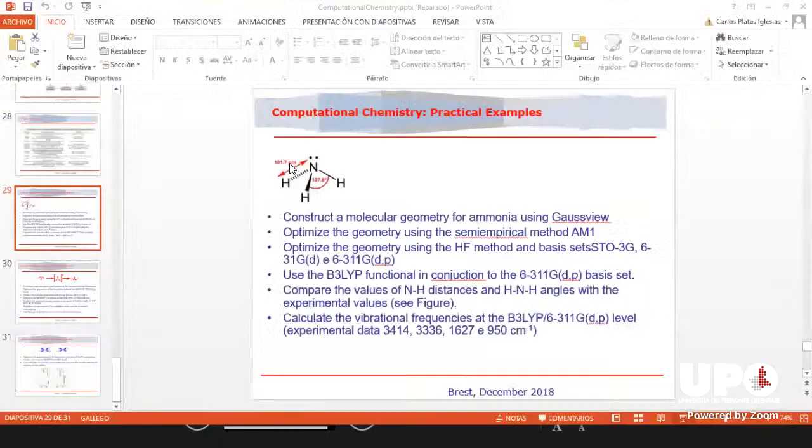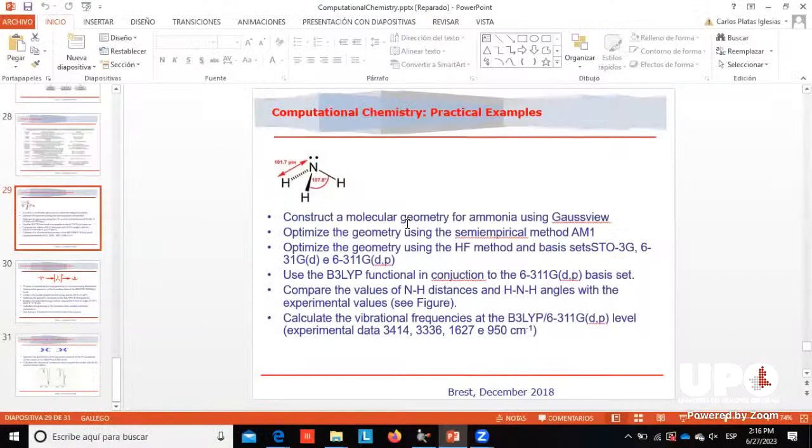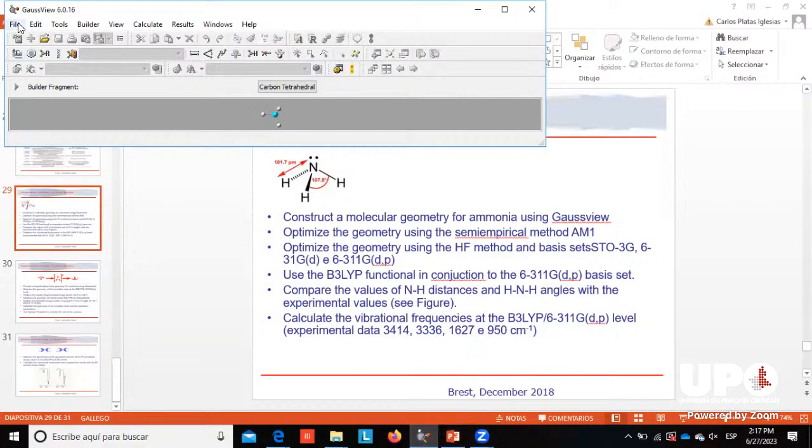Basically, we are starting by preparing a geometry of ammonia that can make sense as a starting point, and we will optimize it using different computational methods and look a little bit at the nitrogen-hydrogen distances and the angles of that molecule and see how accurately we can reproduce those structural data with different models. Okay. So if you all open Gauss View, you see the screen, right?